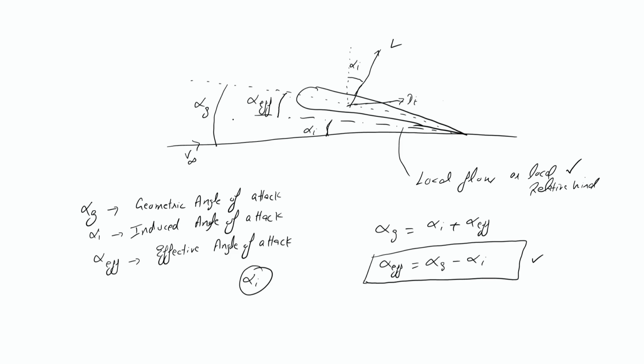Here alpha g is the geometric angle of attack, alpha I is the induced angle of attack, the angle has reduced by alpha I, and finally the angle of attack seen by the wing is the effective angle of attack, which we denote as alpha effective. So alpha g was alpha I plus alpha effective, and alpha effective equals alpha g minus alpha I.